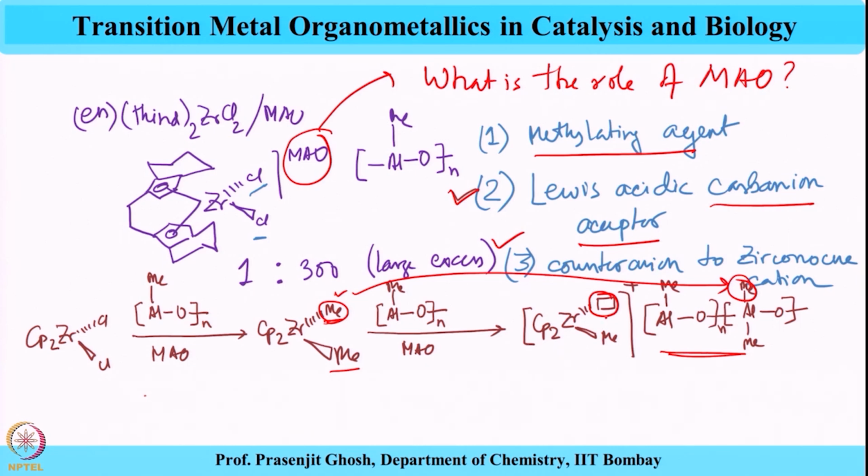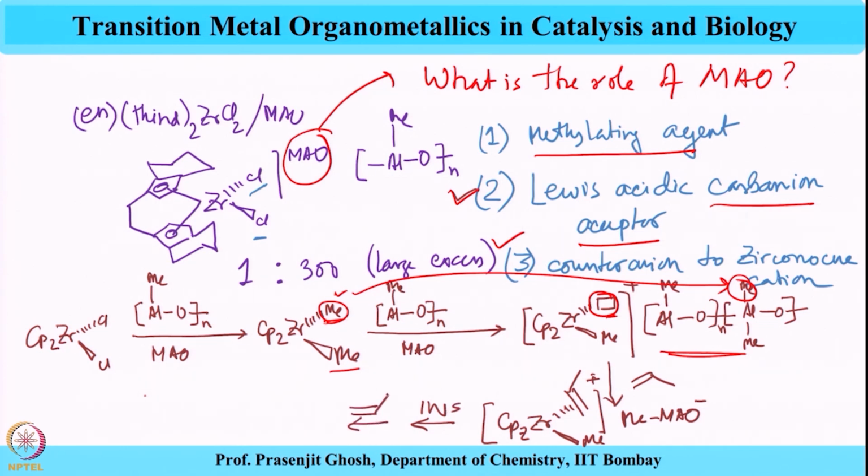and what happens subsequently is, in this vacant site the propylene lands up and occupies it. Propylene comes and binds to the Cp2 zirconium methyl cation and MAO minus anion, which undergoes insertion subsequently with many propylene as it is shown, to give isotactic polypropylene.